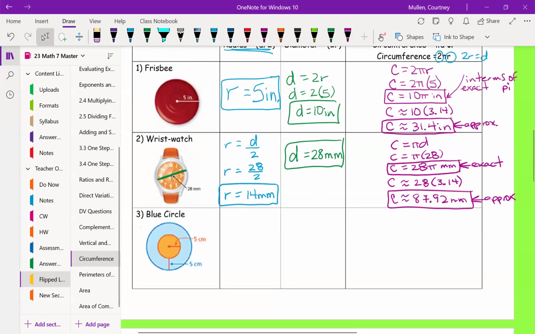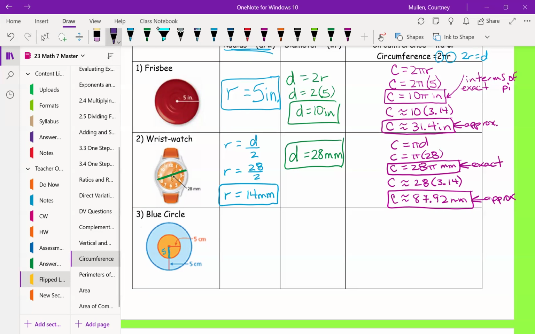One more. So what's given to us here? Well, we have to think a little bit. I know the radius of the orange circle and part of the blue circle, but if we just move the orange radius to connect to the edge of the orange circle, that little radius is 5 as well.